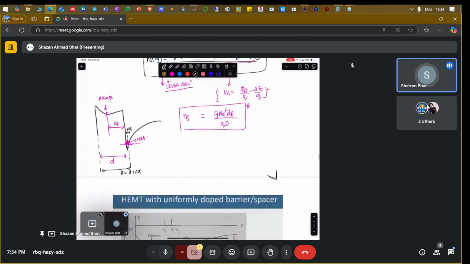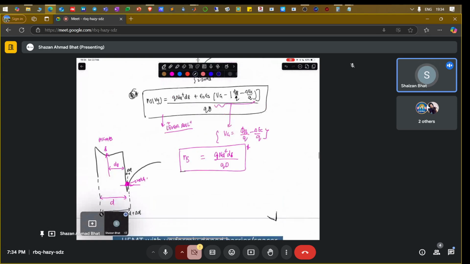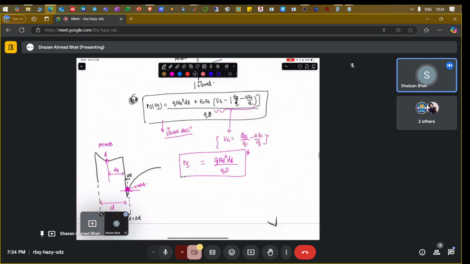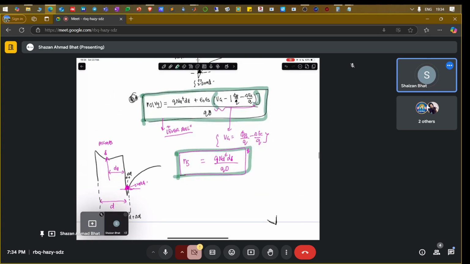So you see the sheet charge density as a function of gate voltage, if you apply the gate voltage exactly equivalent to this particular term in the bracket, varies as this particular term. If you talk about this entire equation, then it shows that if you go on increasing the D, that means D plus delta D increases, the sheet charge as a function of gate voltage is going to reduce.